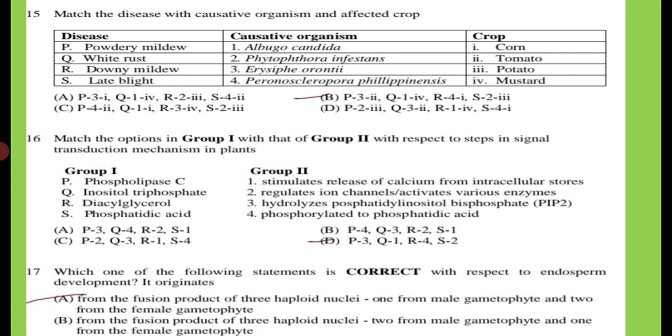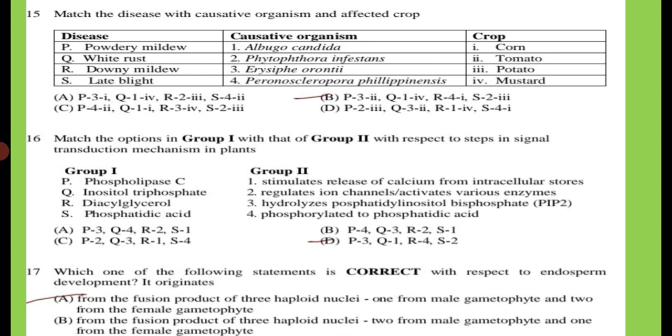This enzyme cleaves phosphatidylinositol bisphosphate, that is PIP2, into diacylglycerol, that is DAG, and inositol 1,4,5 triphosphate, that is IP3. Overall, PIP2 gets converted into DAG and IP3 through the action of PLC, that is phospholipase C.